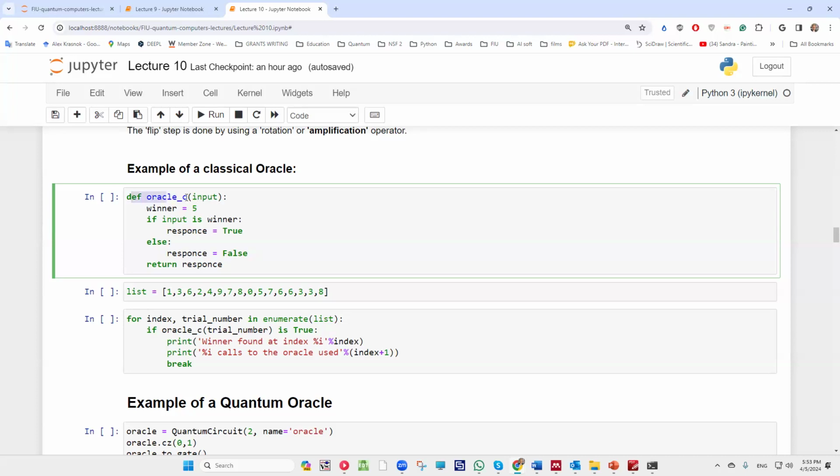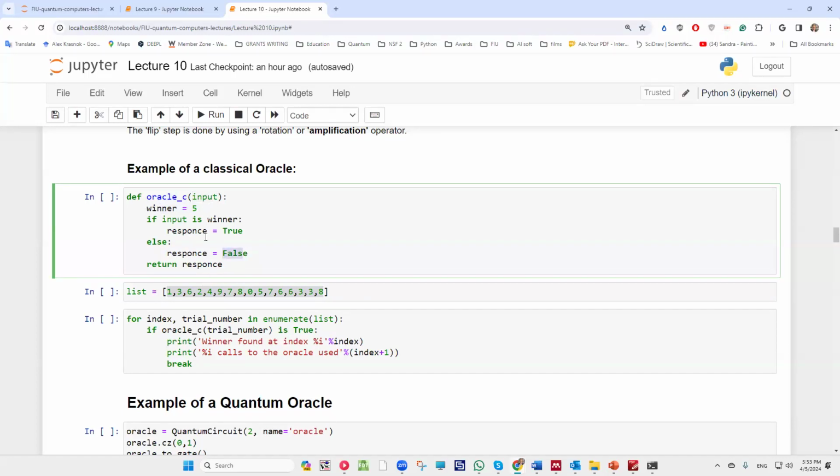So I define the function in a standard way. I give the winner, this is the element we are after, and then I will put the elements to this oracle one by one from this list. For all elements but the winner, the oracle replies false.